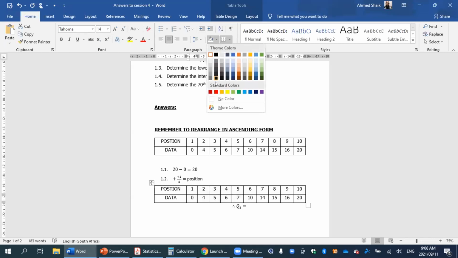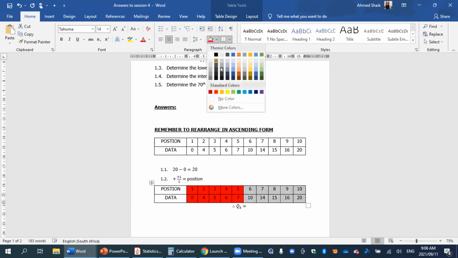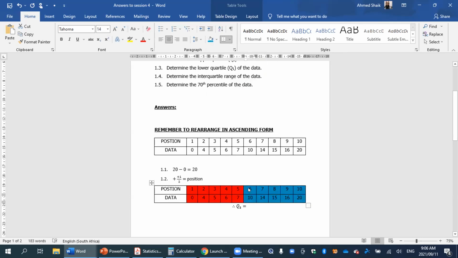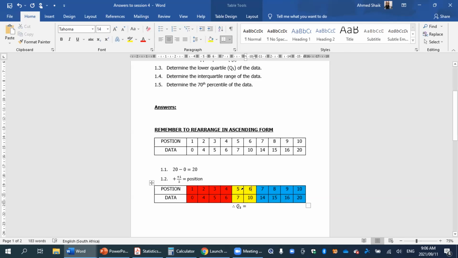Let's just highlight that so you can clearly see which is the upper half and which is the lower half. Remember, our median is going to lie at position 5 and position 6, so our median is going to be in between these two values, but for now we are calculating quartile 3.